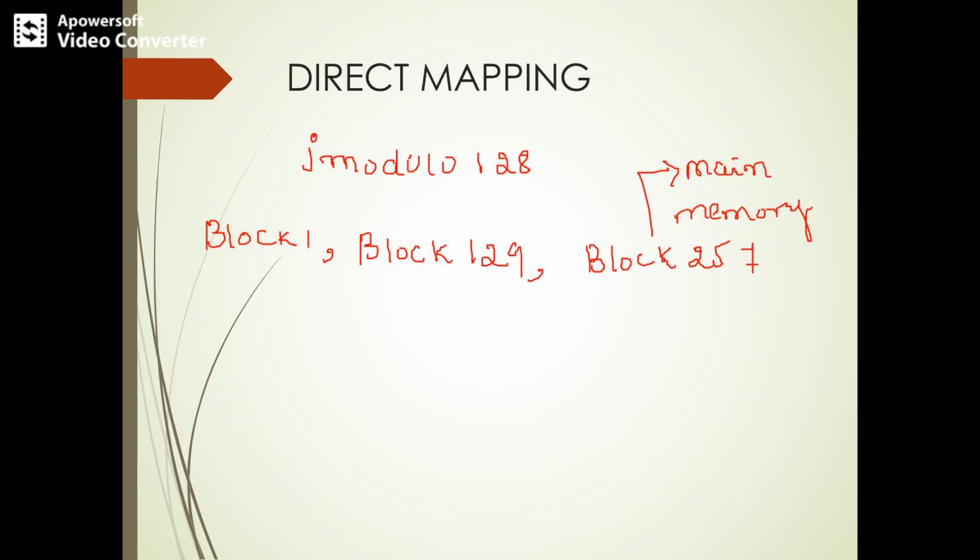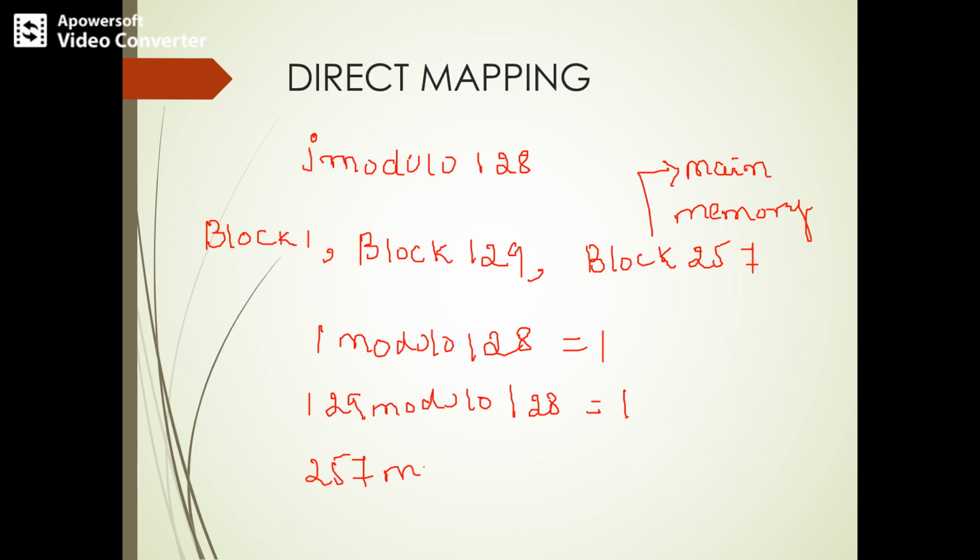Using the equation J modulo 128, 1 modulo 128 gives a remainder of 1. 129 modulo 128 is 1. 257 modulo 128 is again 1. So block 1 of the main memory is mapped into block 1 of the cache.